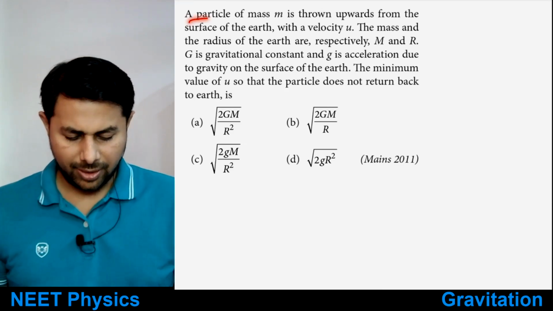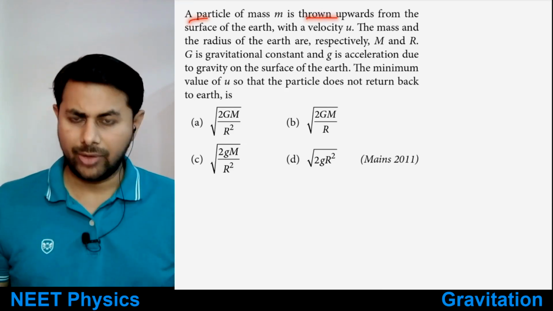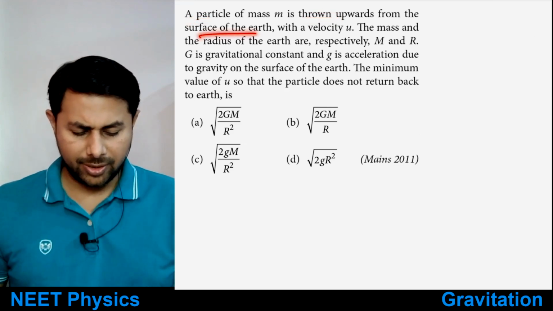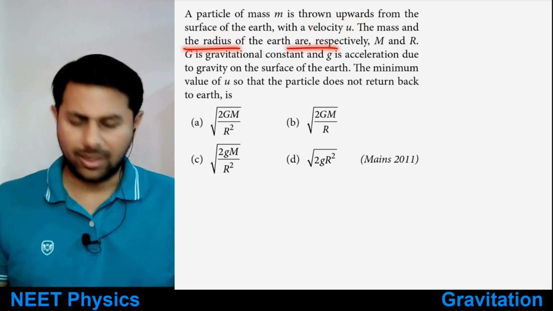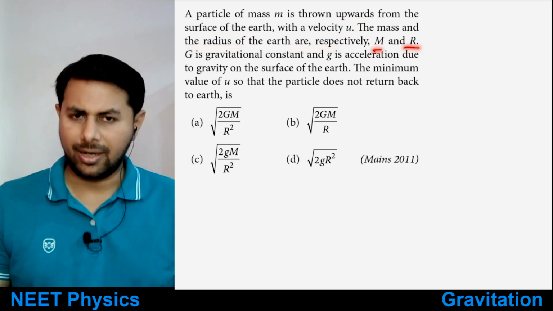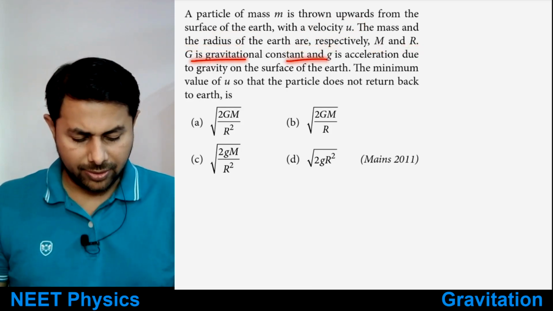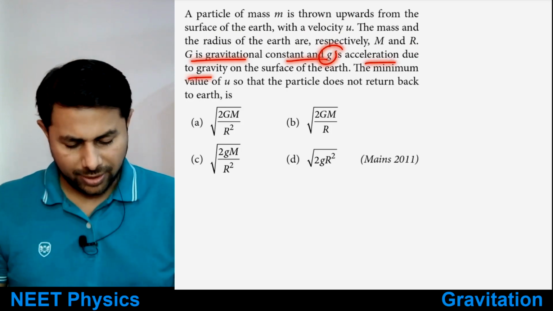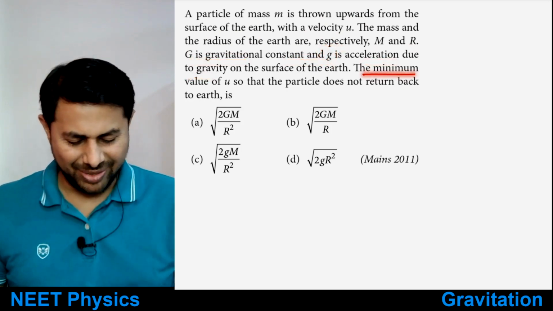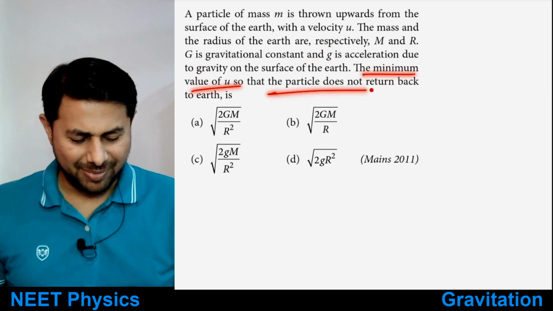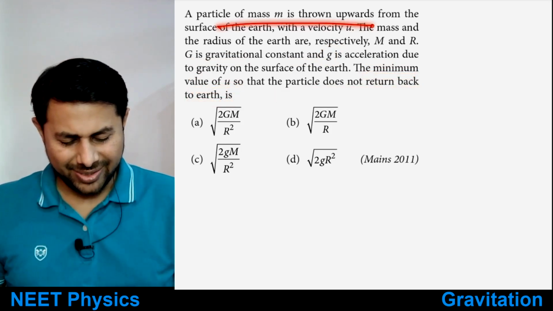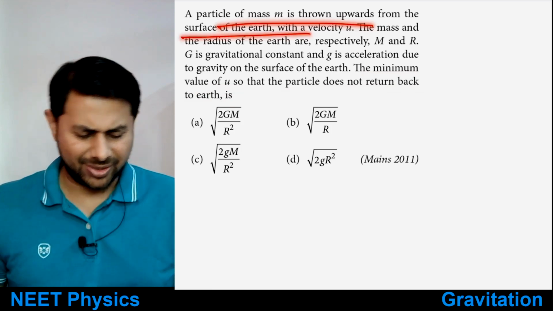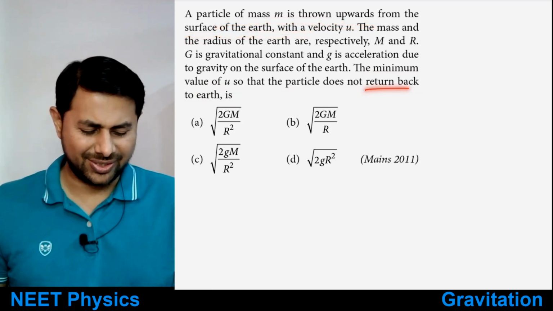Tell me this one. A particle of mass m is thrown upward from the surface of Earth with velocity u. The mass and radius of Earth are respectively m and r. G is gravitational constant and small g is acceleration due to gravity. The minimum value of u so that the particle does not return back to Earth. Particle is thrown upwards from the surface of Earth. Oh, it is just escape velocity.